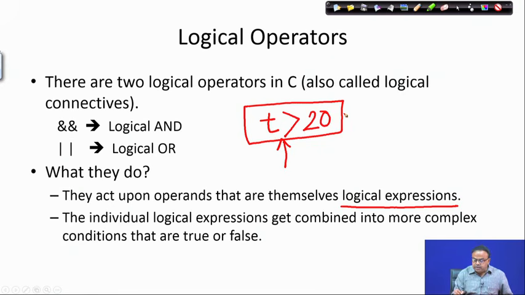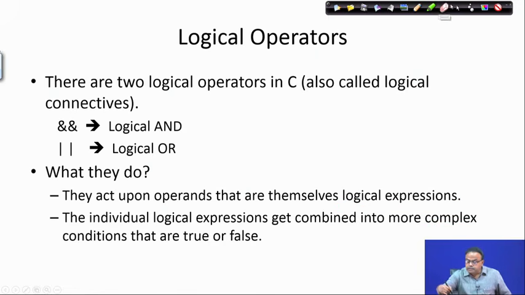If t is greater than 20, then it will return 1, otherwise it will return 0. So, the logical connectives are acting upon the operands themselves and connecting them. The individual logical expressions get combined into a more complex condition that is either true or false. We will see some examples.